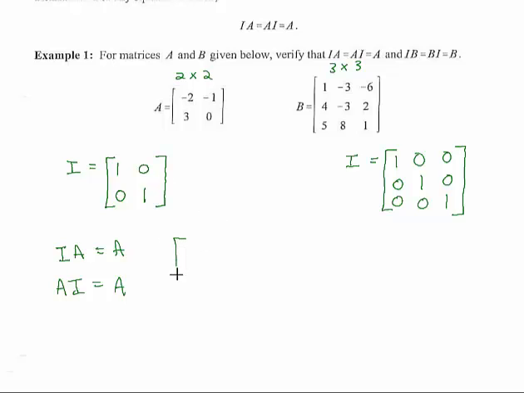We have 1 1 0 0, and this is I times A. What do we actually get? Well, A is negative 2 1 3 0.